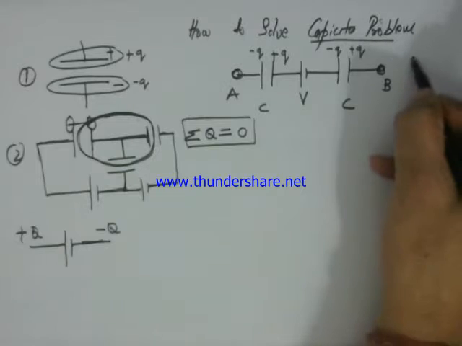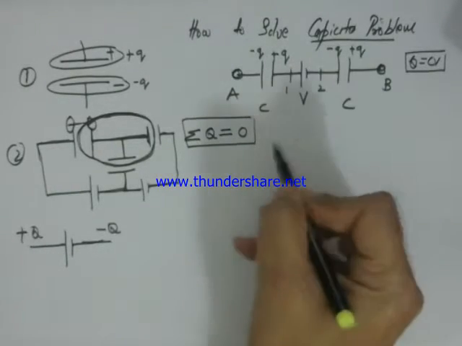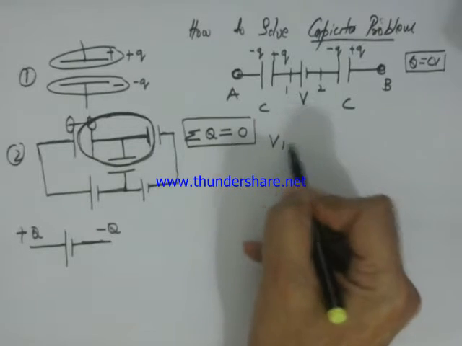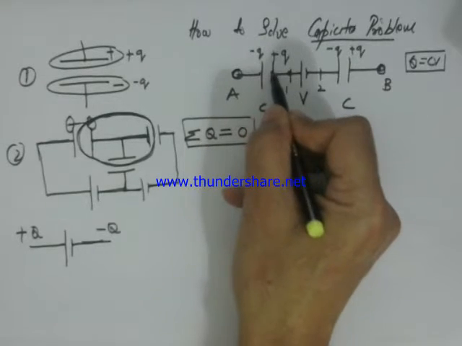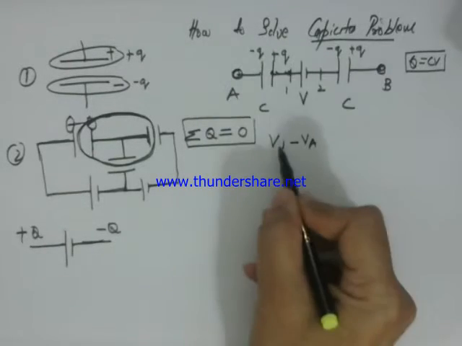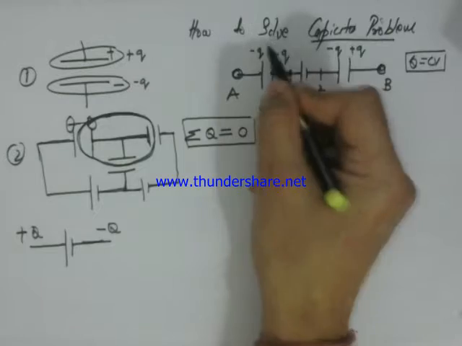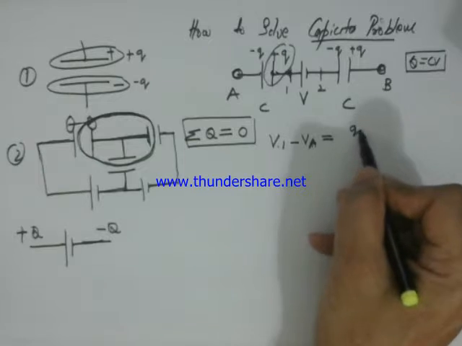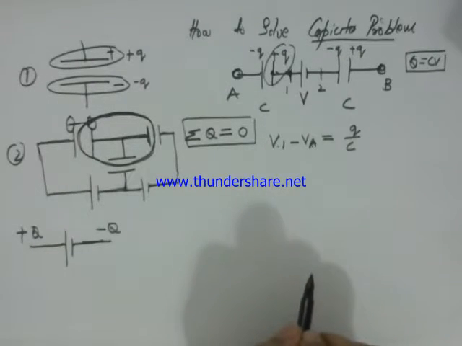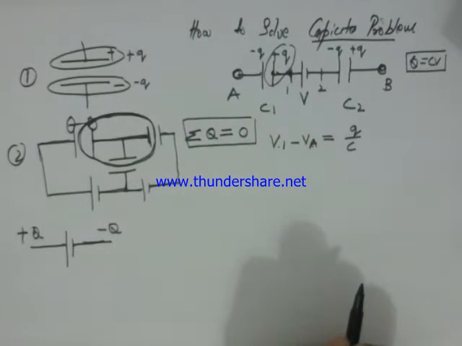Now Q is equal to CV for any capacitor. So if we take point 1 here, point 2 here, V1 minus VA, start from the side which has positive charge. This side is positive, so this will be higher potential. V1 minus VA would be equal to the charge on the plate, we take the positive side, we have started from here, is Q upon C. If we take this as C1 and this as C2, we can do it like that also.